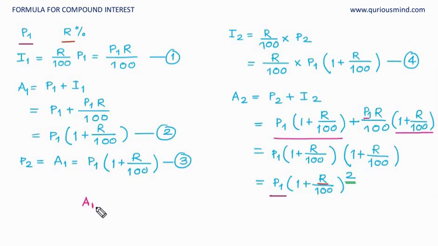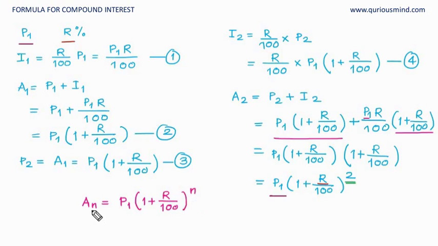So amount at the end of nth year is equal to P1 into 1 plus R upon 100 raised to n, because we are finding amount at the end of n years. And here n is the term, actually not n years, it is nth term, at the end of nth term.